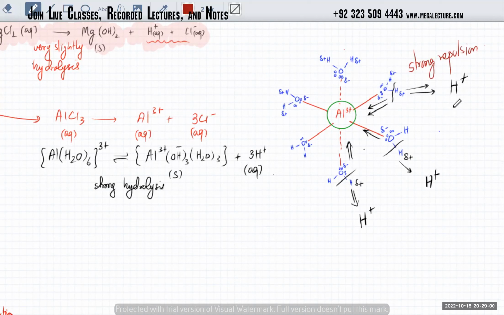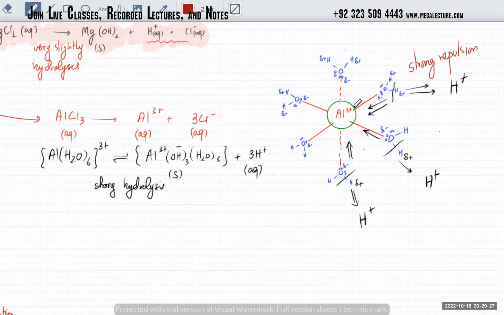So once 3 positive H ions get repelled, what is the charge on the whole thing? It doesn't really have a charge anymore. You've got 3 OH ions and you've got a +3 charge. So the net charge on the entire thing is now neutral, right? जी sir, the whole complex is now neutral. So a neutral thing will not repel a positive H. Is that clear? जी sir.